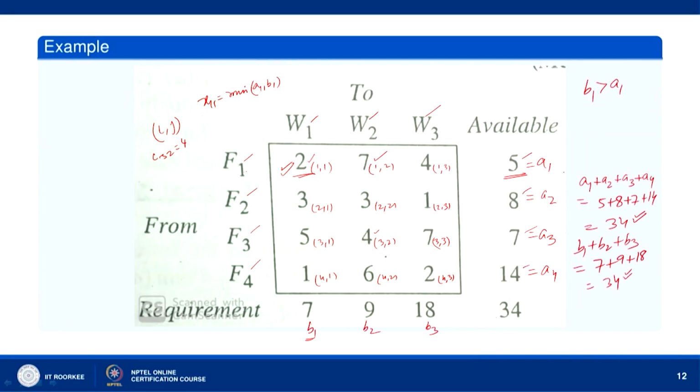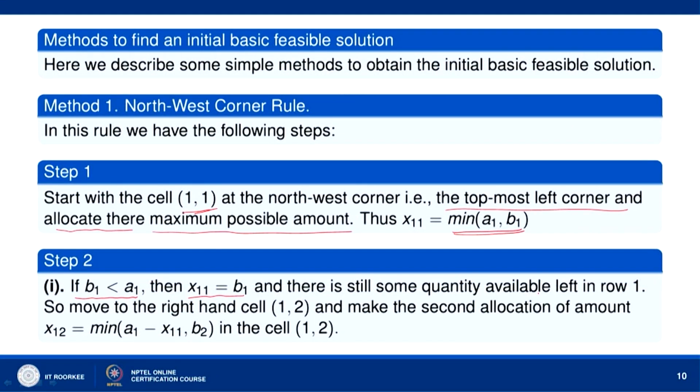Because if A1, which is 5 here, was suppose 8, and B1 was 7, then the minimum of 7 and 8 would have been 7. So, we would have allocated 7 in the cell 1 1, and out of 8 units, 7 allocated, we would still have 1 unit left to allocate. So, if B1 is less than A1, then some quantity will be left for allocation in the first row.